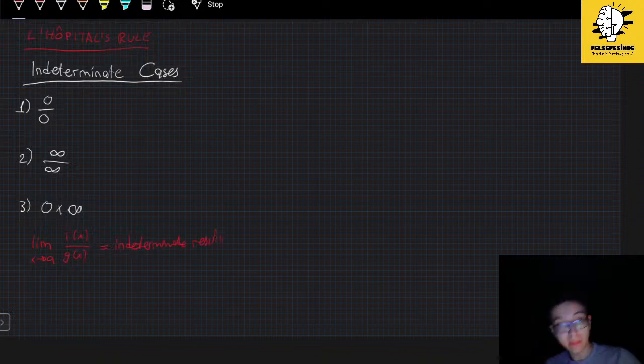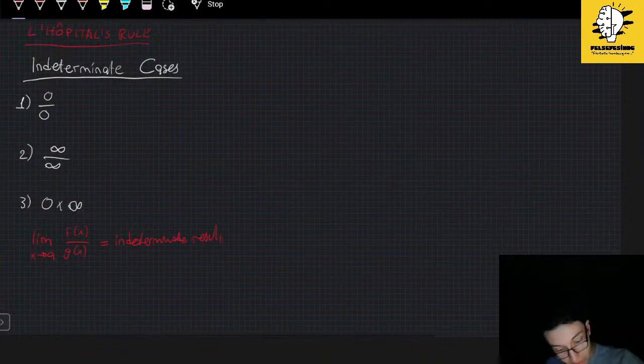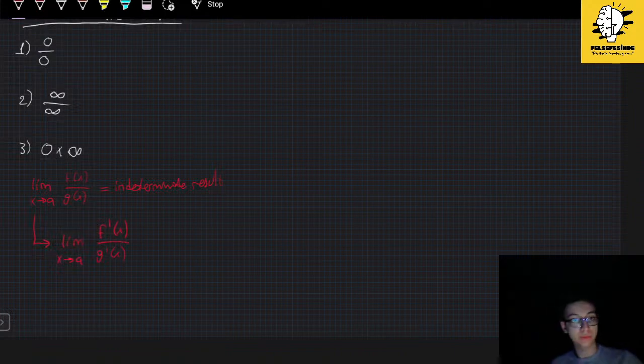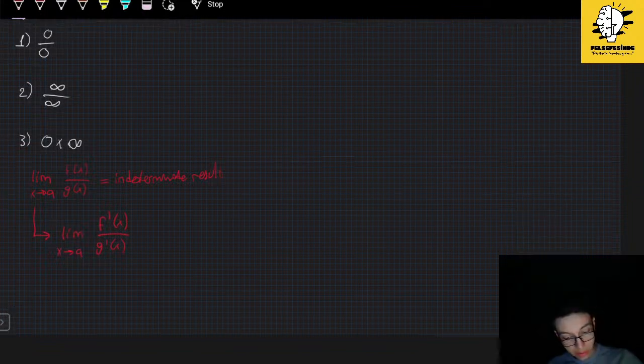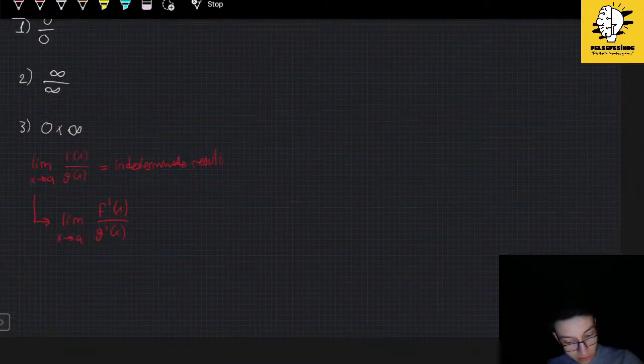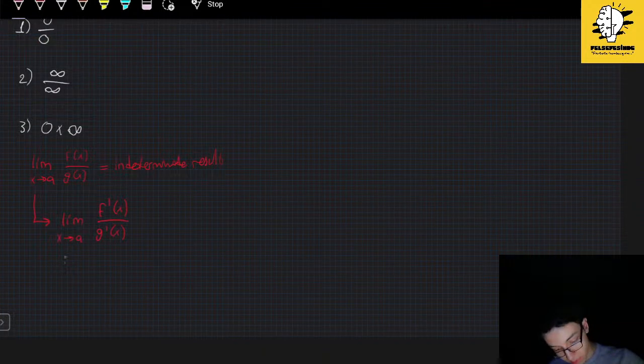Therefore, L'Hopital realized that it is the same as saying limit as x approaches a of f'(x) over g'(x), right? Now again, what would you do if this was also indeterminate? I would apply another L'Hopital.